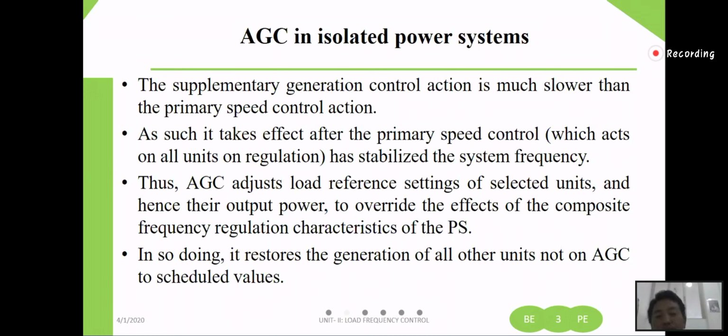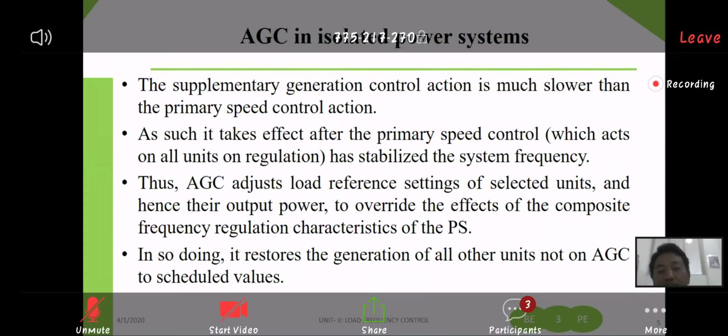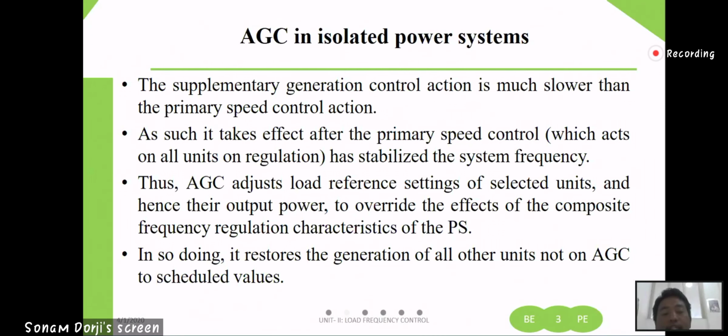It will take effect after the primary speed control has stabilized the system frequency, which means the system frequency might be in the acceptable range of 49 to 50 hertz. So the primary action control will stabilize the system frequency, and only after stabilizing that will the effect of AGC be there.